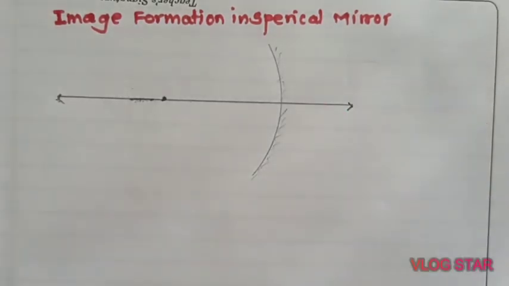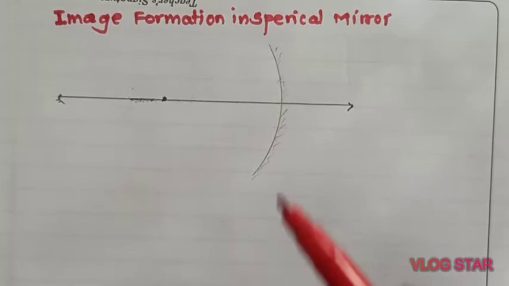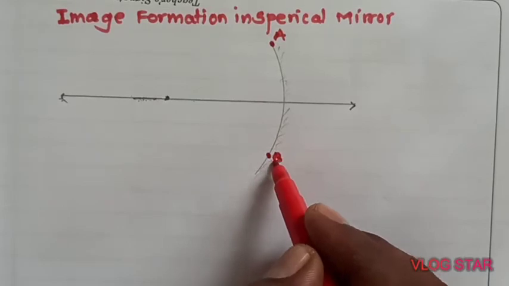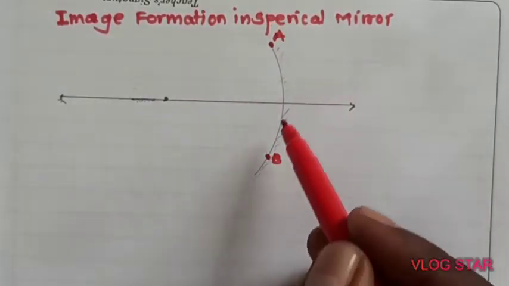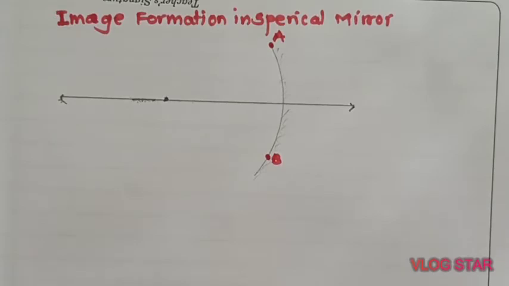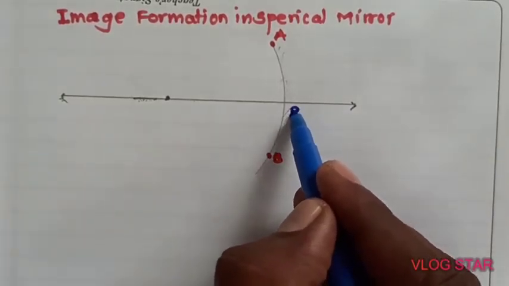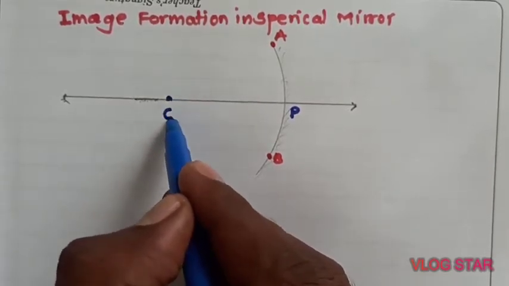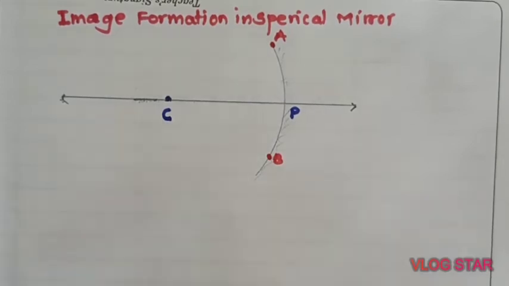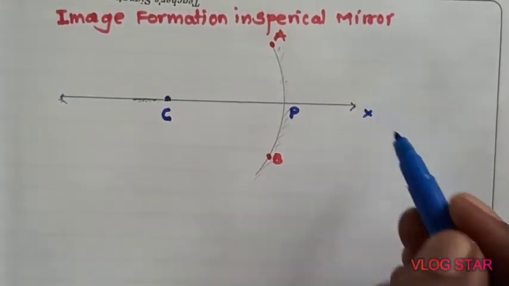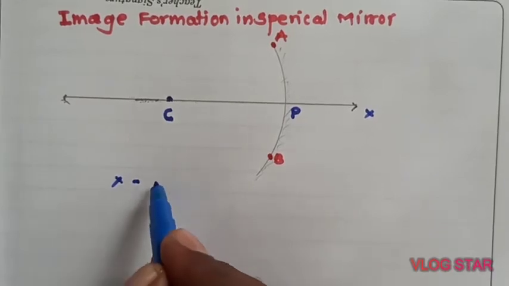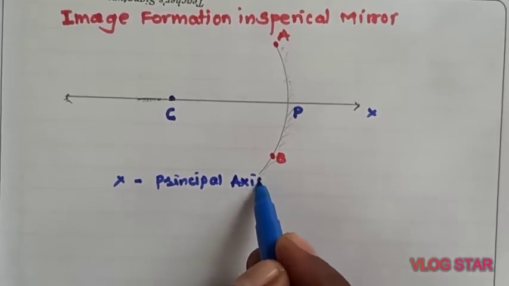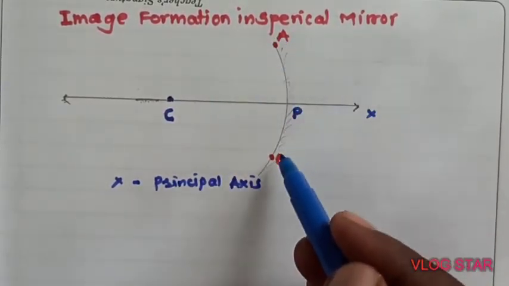Now the end points of this curve, suppose this is A and over here B, and the exact midpoint of that curve, what we call the pole of the mirror, say P, and this one is the center of this curve, what we call C. So line X is named as the principal axis. The midpoint of curve AB.